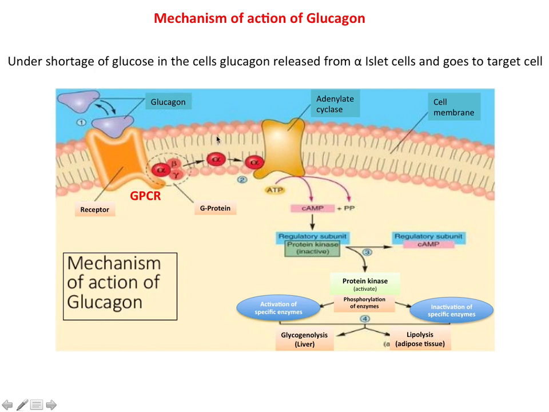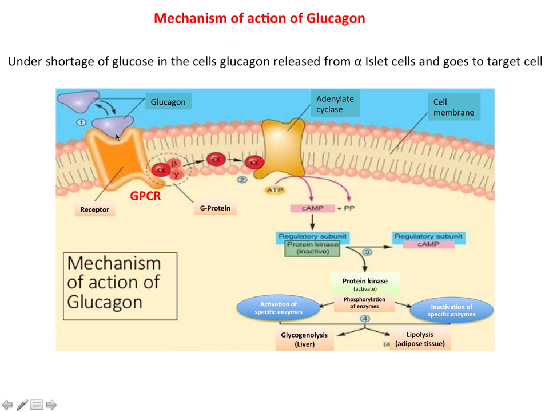Here the target cell shown may be a liver cell, and in the target cell the receptor for glucagon is present, which is a GPCR. Previously we have seen that the receptor for insulin is a tyrosine kinase receptor, but here the receptor is a GPCR.